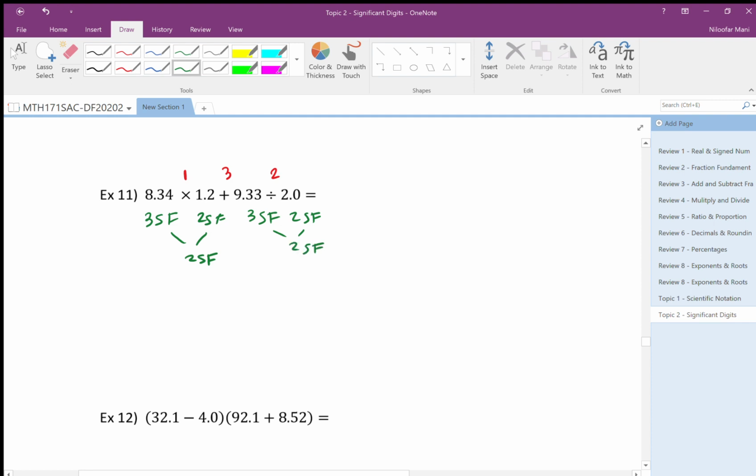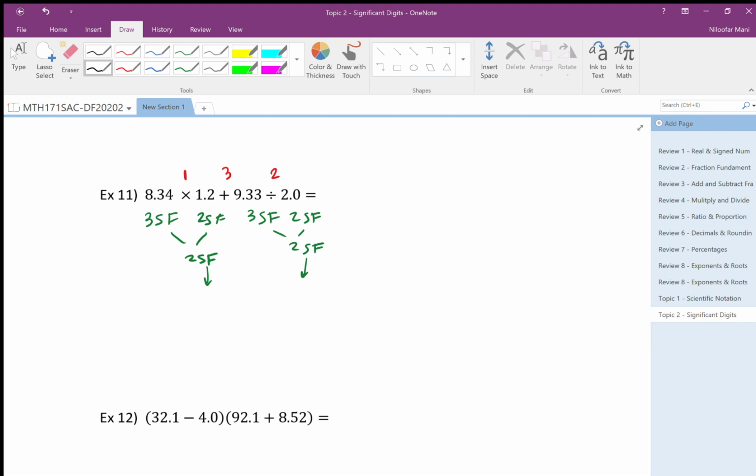Now I have to see, out of two significant figures, how many decimal places I get for each one, because I have addition after. And for addition, I round to the least decimal place.